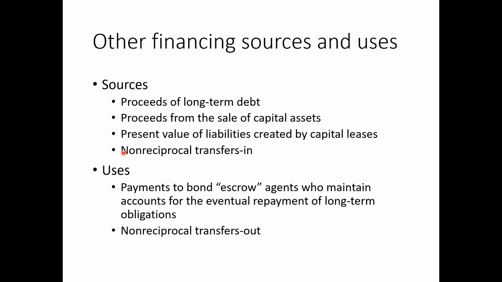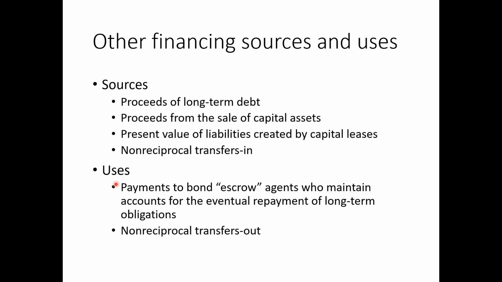All these are other financing sources. So where do we get money from? By borrowing money or signing a capital lease, or by selling capital assets or receiving a transfer in. This is a transfer from other government organizations.